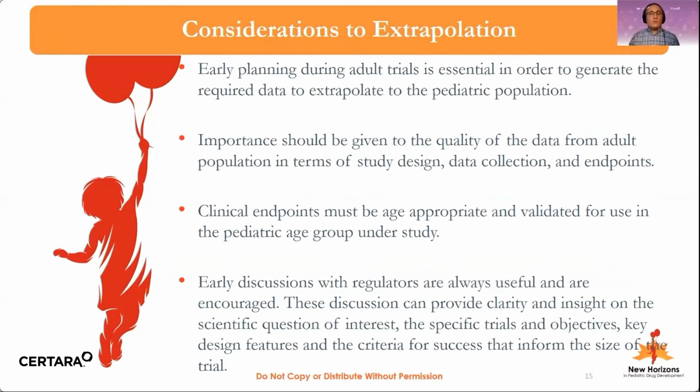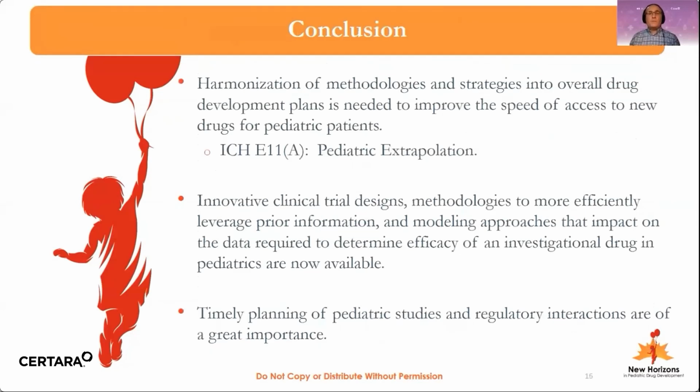There is no doubt that early interaction with regulators will improve the efficiency and clarity of the drug development process and ultimately promote and enhance product quality. There is a need for harmonization of methods and strategies into the overall drug development plan in order to improve the speed of access to new drugs for pediatric patients, and there is work being done at the ICH level, for example, ICH E11.